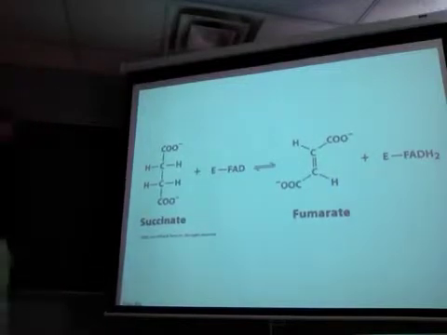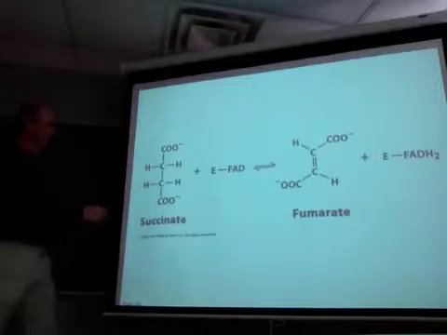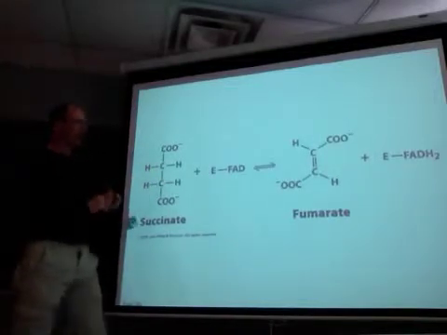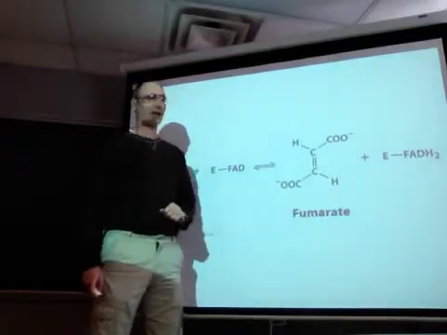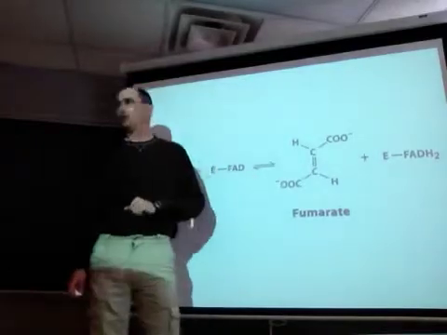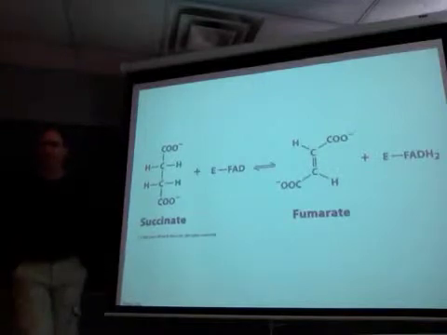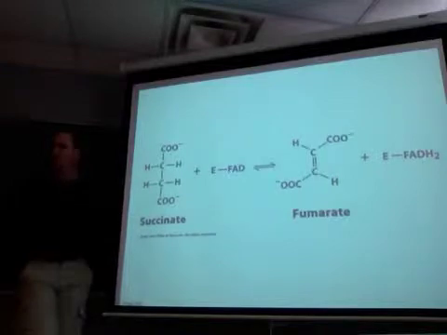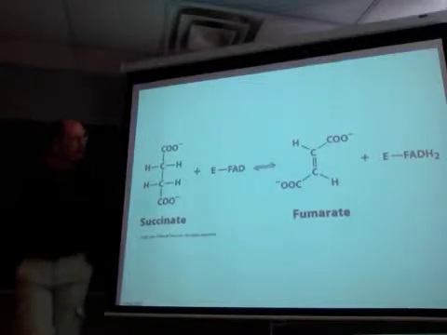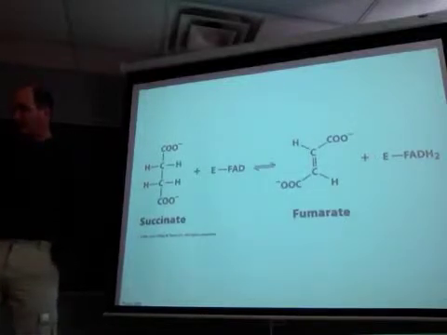With succinate dehydrogenase, we use FAD as the oxidizing agent because we're oxidizing this saturated carbon. And it specifically gives us the trans stereochemistry of the new carbon-carbon double bond, and that we call fumarate. So one distinction with succinate dehydrogenase is that it uses FAD as the oxidizing agent.